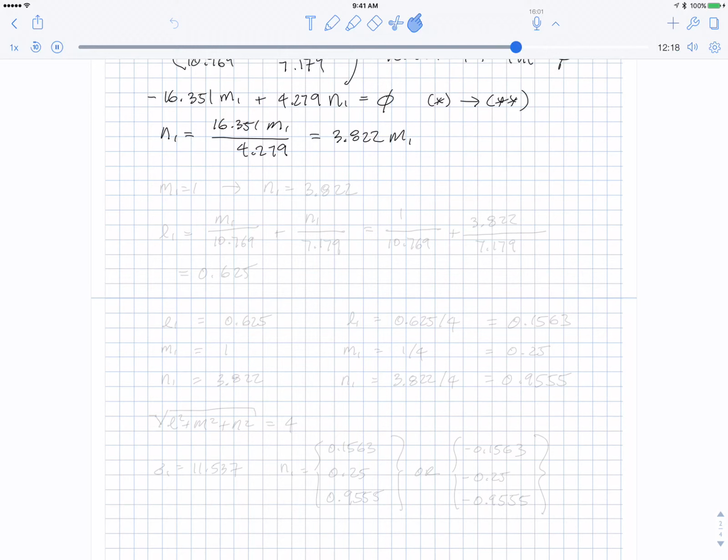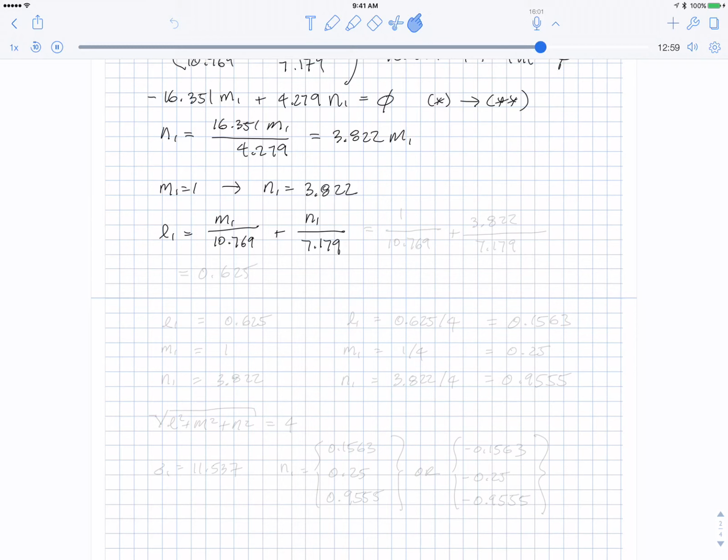Okay, so solving this will not give you a unique answer. You'll just get ratios. So what I do is set one of the L, M, and N's equal to 1, and then solve for the other two. So in this case, let's start with M1 equals 1. That means that N1 equals 3.822, and then, remembering equation star 1, L1 will equal M1 over 10.769 plus N1 over 7.179.